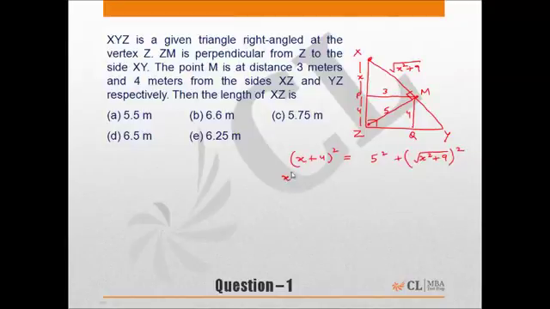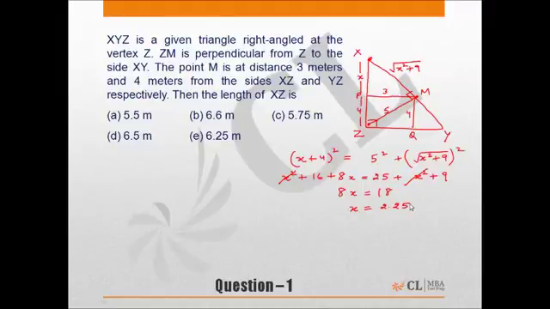So that means x square plus 16 plus 8x equals 25 plus x square plus 9. So this is a linear equation. 8x is equal to 9 plus 9, 18. So x is 18 by 8, which is 2.25.